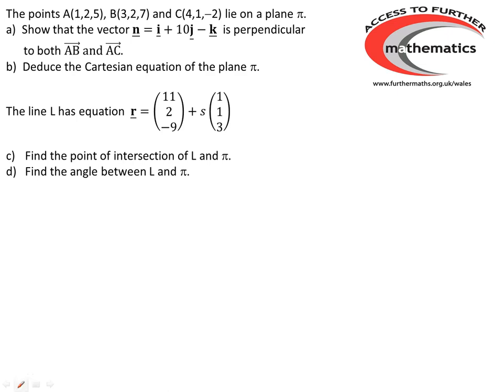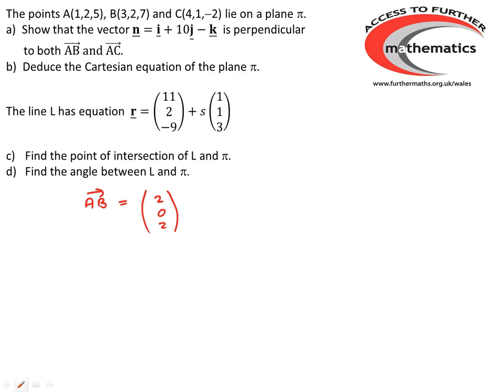Okay, so we need to start by working out the vector AB, which has a movement of 2 in the x direction, 0 in the y direction, and 2 in the z direction. So AB is the vector 2, 0, 2, and if we wish to show that AB is perpendicular to the vector n, then we need to consider the scalar product of AB with n.